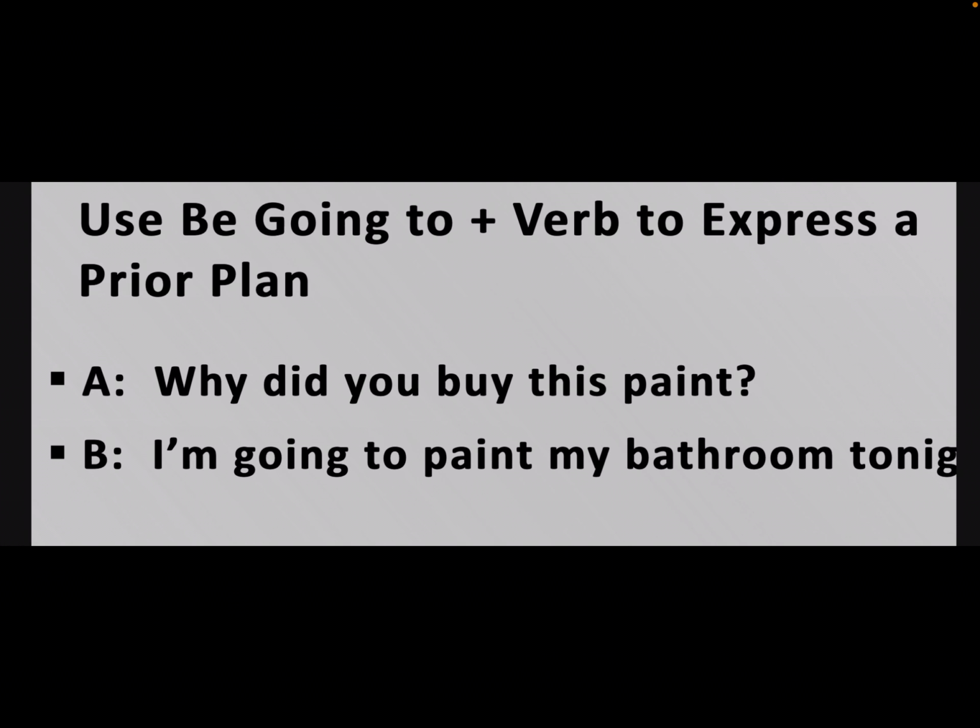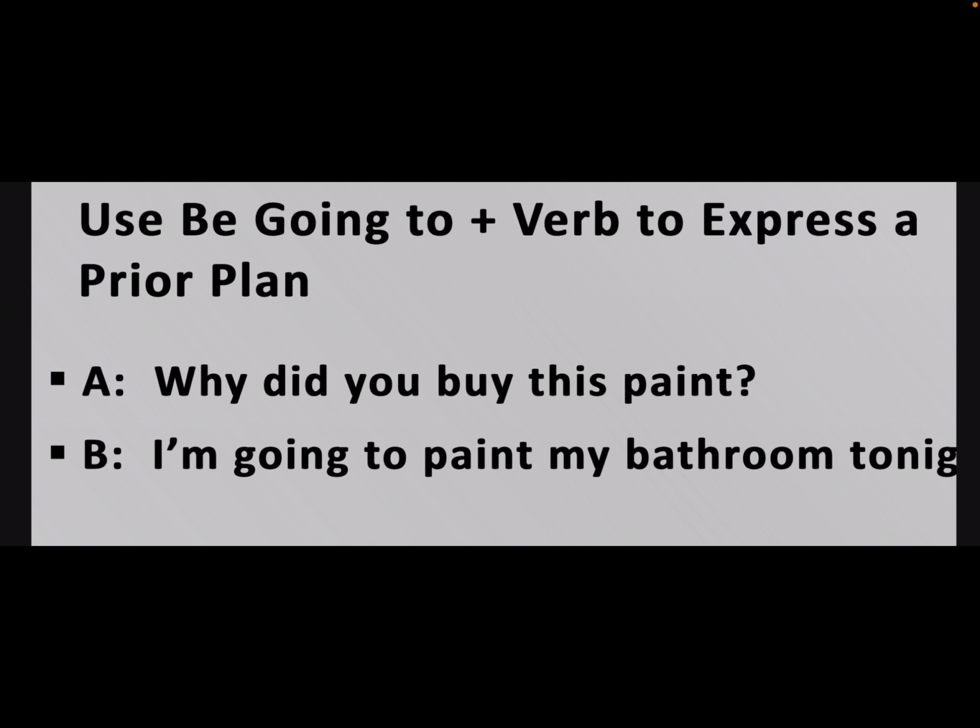Next, we use be going to plus verb to express a prior plan. What does that mean? For example, if I'm asking my sister, why did you buy this paint? She will reply back, I'm going to paint my bathroom tonight.